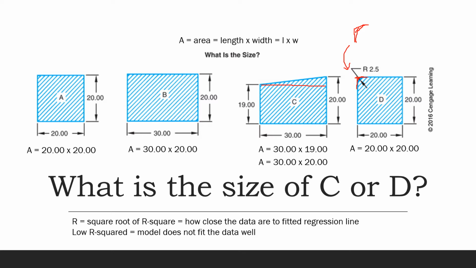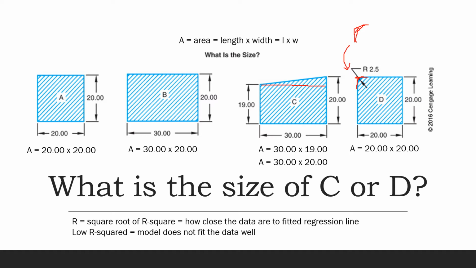So therefore, we know that the area of D, or the size of D, is a little bit less than the size of A. This is how you measure parts and then come up with an approximation for the imperfect part, by using the standard or perfect part right here.